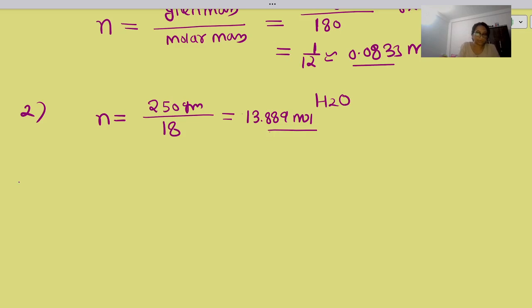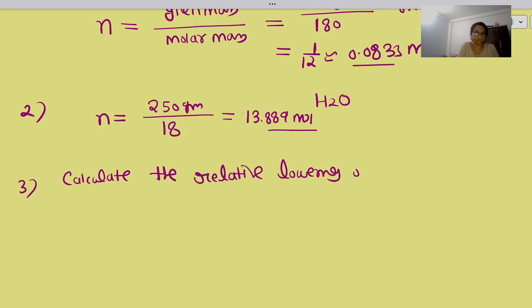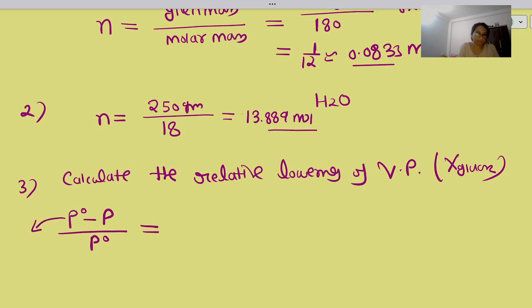Now in the third step we have to calculate the relative lowering of vapor pressure of the solvent. So write the formula: P naught minus P upon P naught, where P naught is the pure pressure.